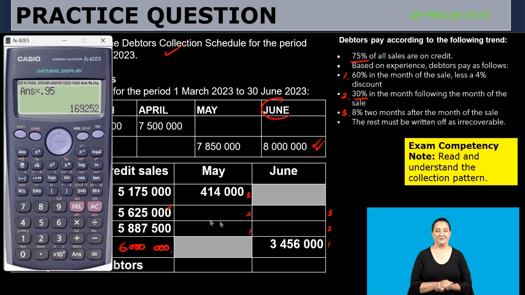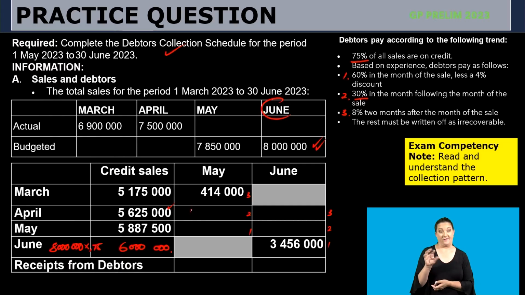How much are the credit sales in that month? 5,625,000. And what percentage am I going to get? 30%. How much in total is that? 1,687,500. So I'll come here, that's 1,687,500.